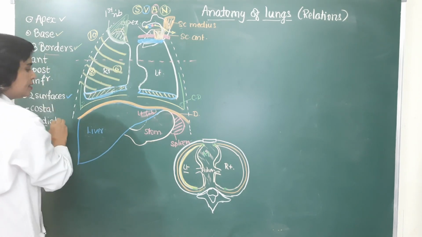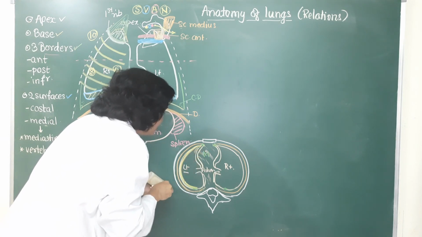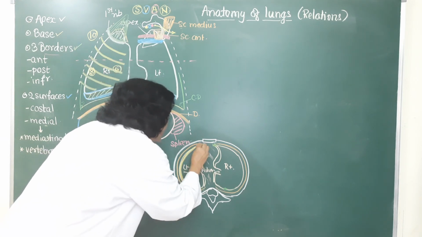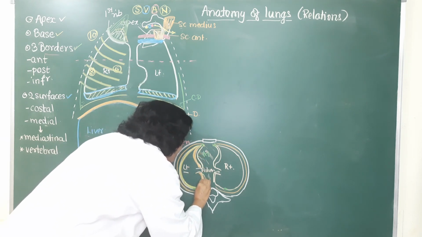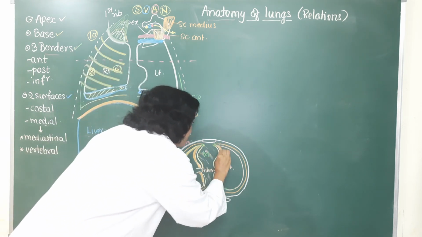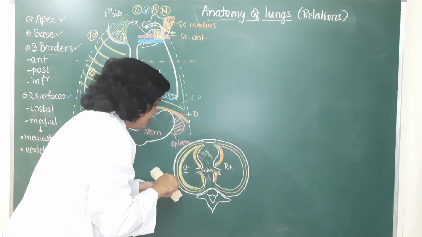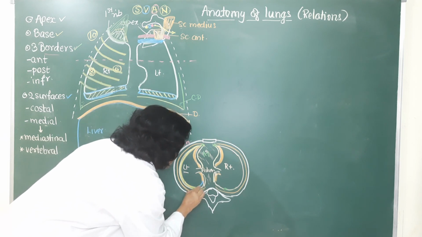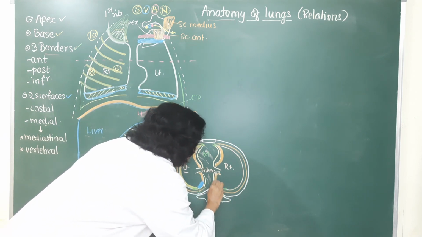Coming to the medial surface, you know, now this is the medial surface. This is the medial surface of the lung. This medial surface, for our convenience, we have divided into the anterior part, which is called the mediastinal part, and the posterior part, which is called the vertebral part, which lies near the posterior border.